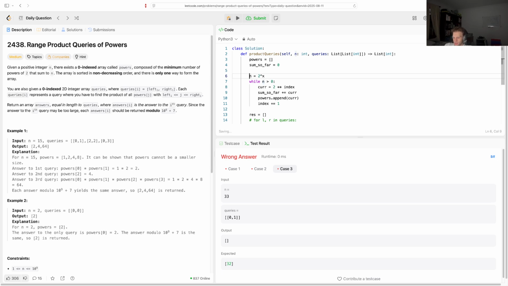And so we know n's a constant. So essentially what we do here is we take the log of n. And then this becomes x log 2.